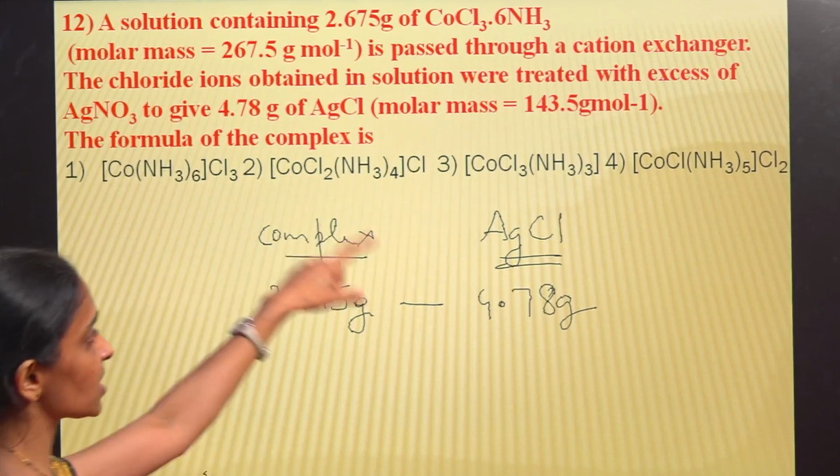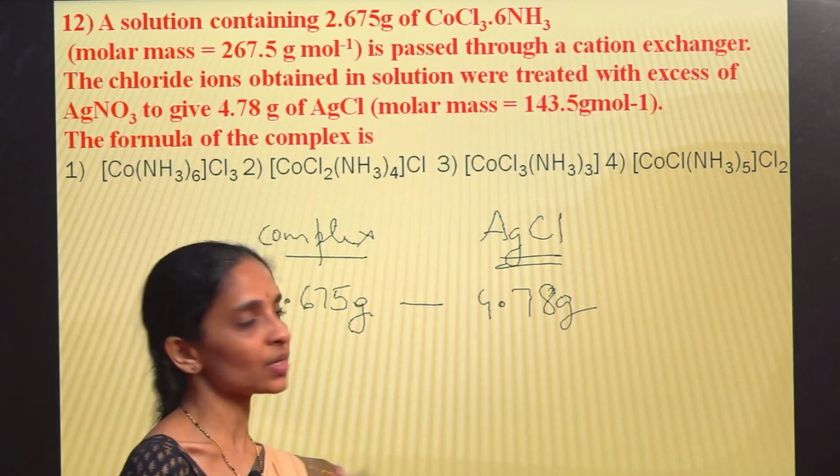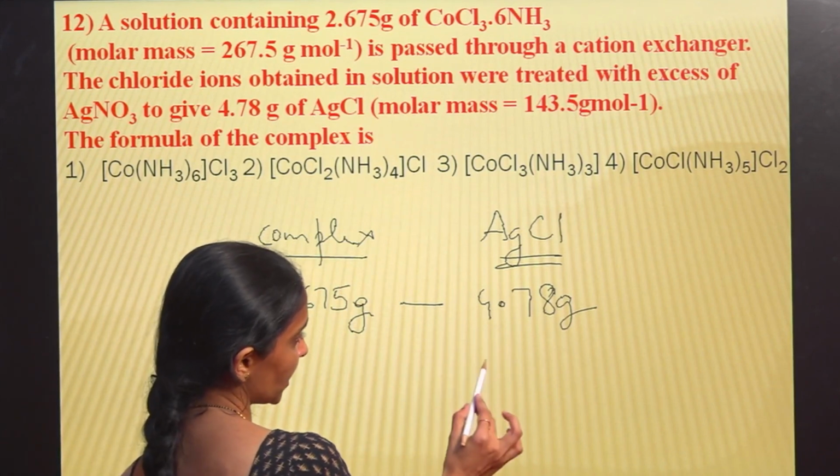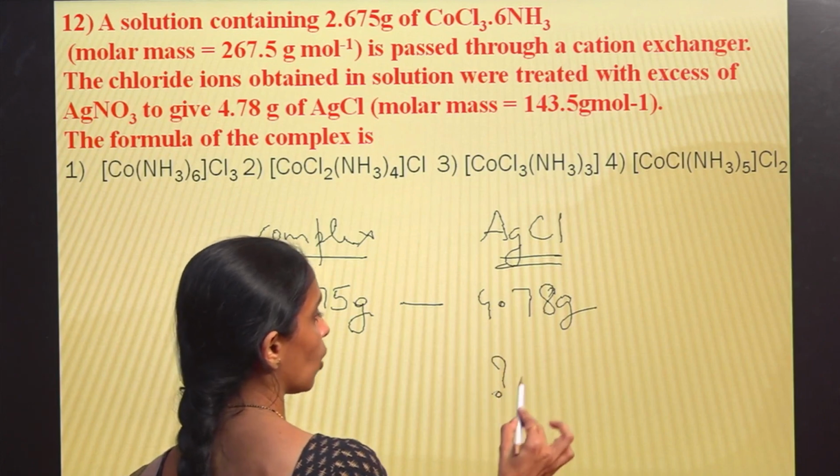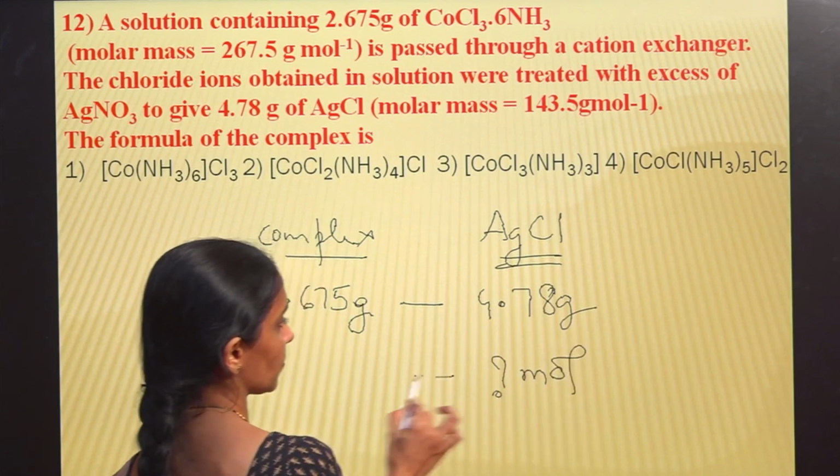If 4 moles of AgCl are formed, it means 4 ionizable chlorines are present. So what I need to find out is how many moles of AgCl are formed.